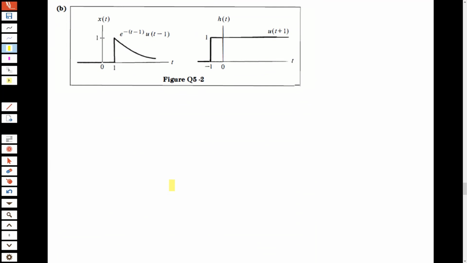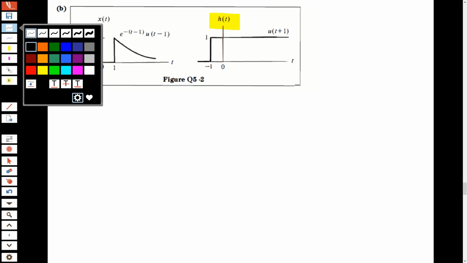Now, obviously between these two signals, I'm going to choose h(t) this time to flip and shift. So the first step is to write the signals in tau domain.